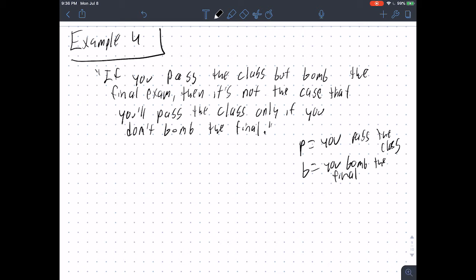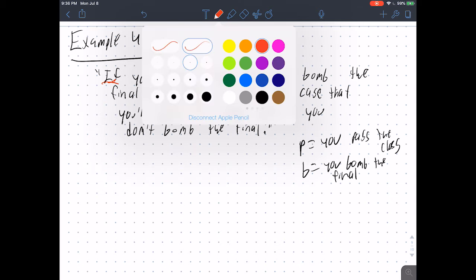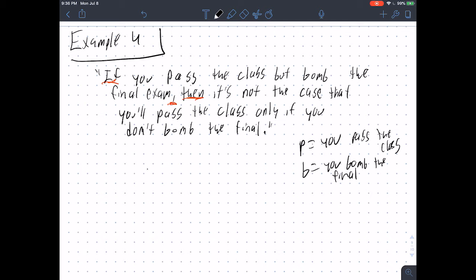Okay, so here we're looking at the sentence, "If you pass the class but bomb the final exam, then it's not the case that you'll pass the class only if you don't bomb the final." Let's try to break this down. Where's the comma? The comma's right here, followed by "then." The sentence starts with an "if," and that's our clue that the sentence as a whole is a conditional.